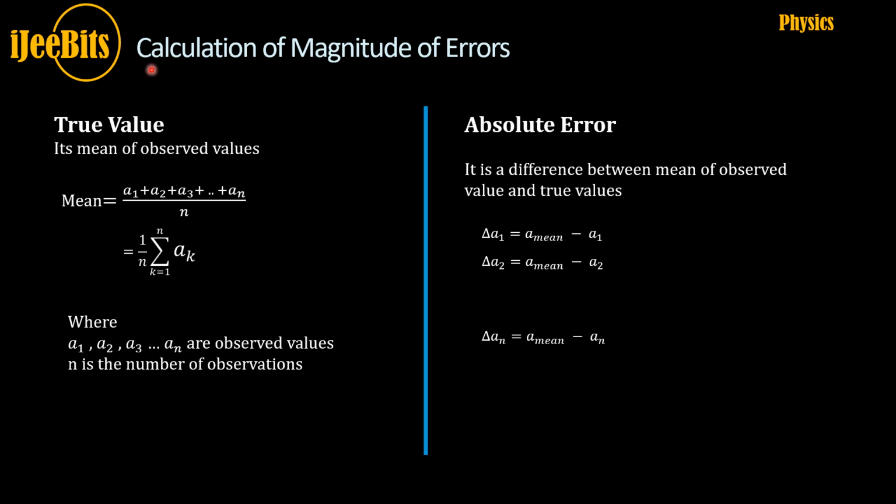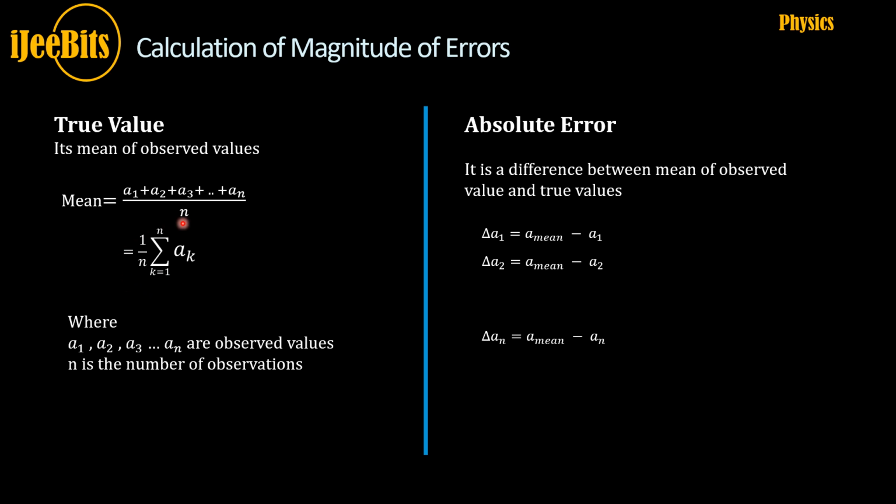This is one more very important topic: how you are going to calculate the magnitude of errors. We have to understand a few definitions and then how you arrive at them. Let's say the true value, so it means the observed values, right? So what is meant by mean? If you have observed values a1, a2, a3 till an, then the mean is the average of all the observed values: a1 plus a2 plus a3 till an divided by the number of observations, n.